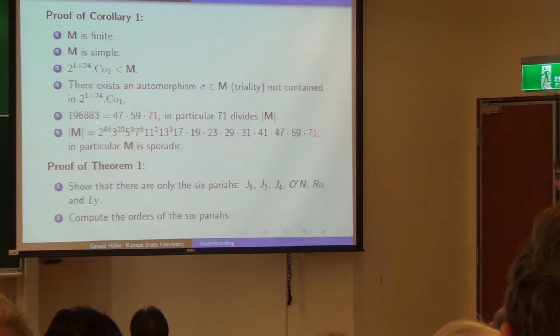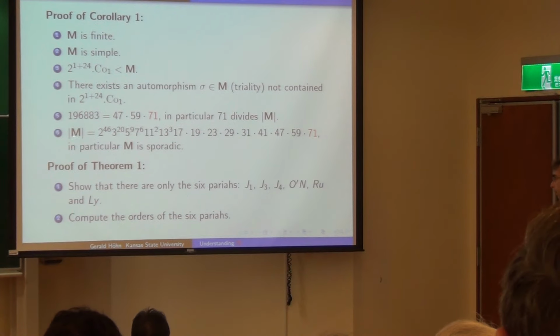So one gets in particular that 71 divides the order of the monster, and then finally one has to use some finite group theory to show that this implies that the order of the monster is this big number, and therefore it's also a sporadic group.